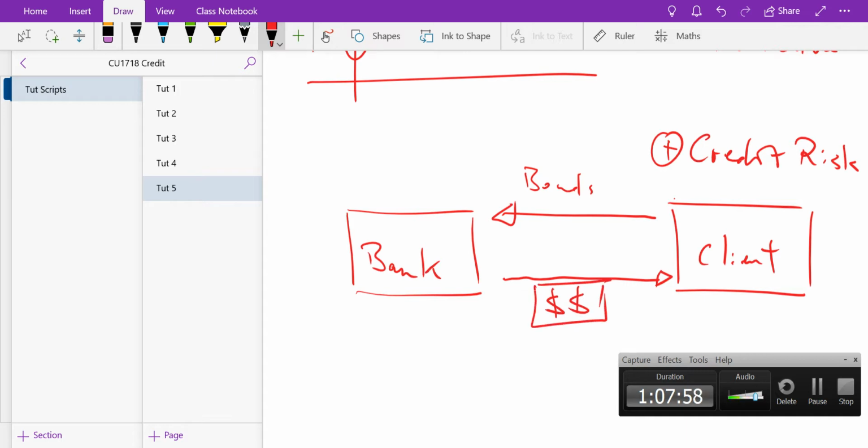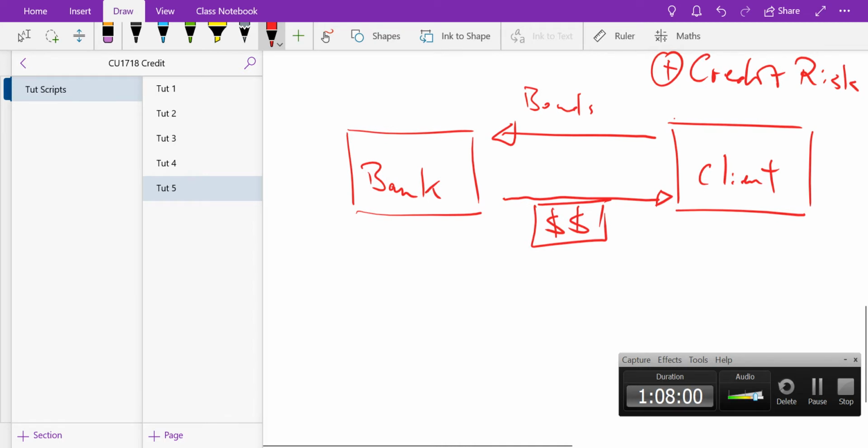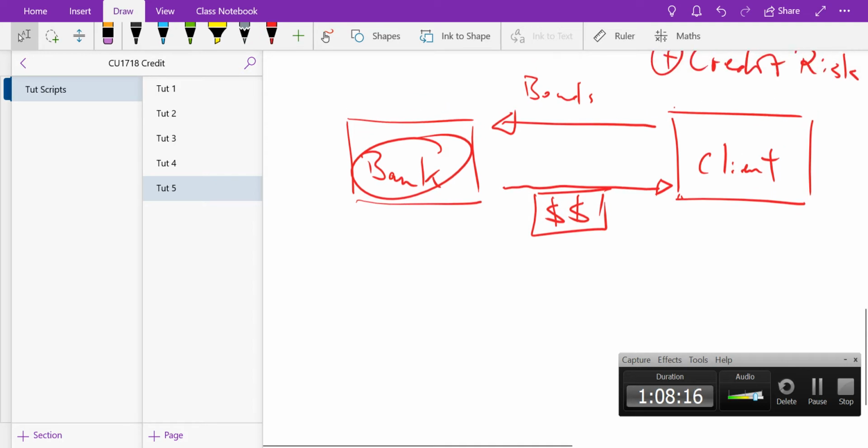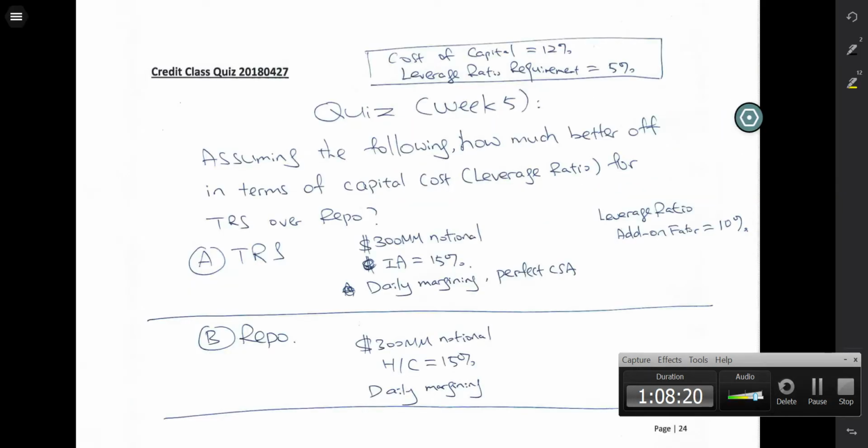Okay, and Ryan, this question is from the bank's point of view. That's important to remember, because if you look at it from the client's point of view, or if the bank was not lending money but borrowing money, you get a different picture. Now the second one, actually, the first one I should say, total return swap.